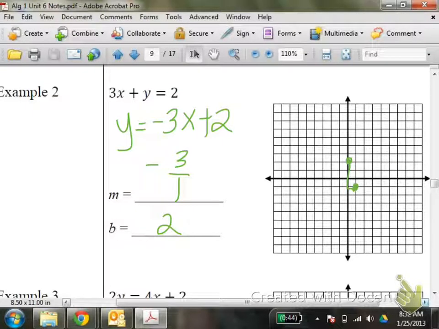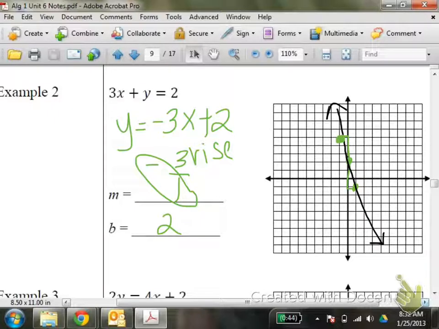What would have happened if I attached the negative to the 1 instead of to the 3? What would my rise have been in that case? Positive or negative? Positive. So I could have gone up 3, 1, 2, 3, and left 1.